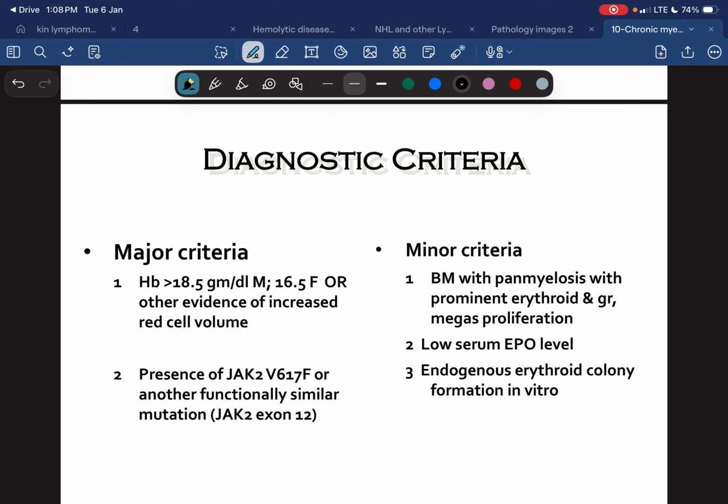What does this mean? If we take an erythroid colony from the bone marrow in vitro, outside the body, and it grows and proliferates, this means what? Erythropoietin-independent growth. Okay? It has a genetic mutation from inside that leads to independent growth of these colonies.